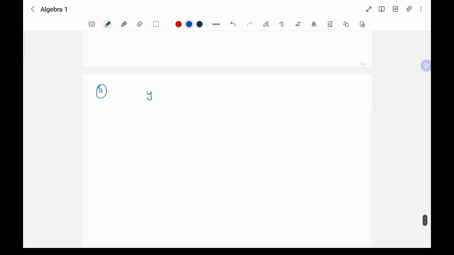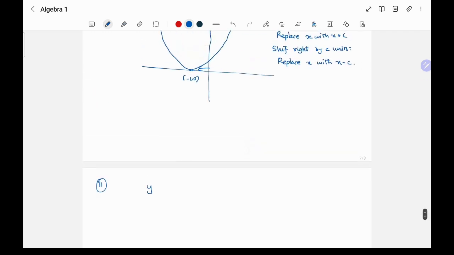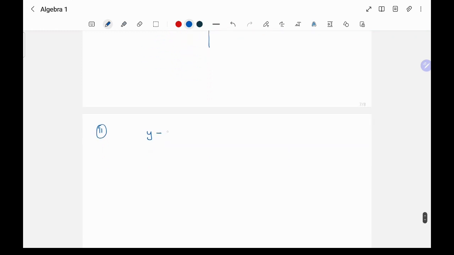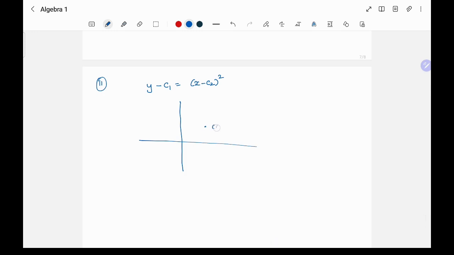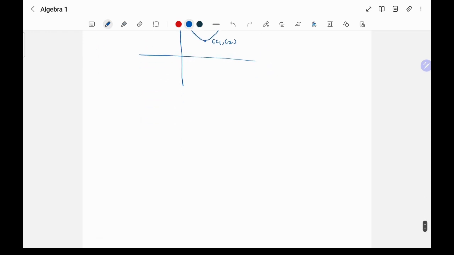If you want to shift y top by some c1, then we have y minus c1, and x to the right by c2, then we have x minus c2 whole square. So where will this start from? It will start from c1 comma c2, and it will go like this, right? So this will be the new parabola.